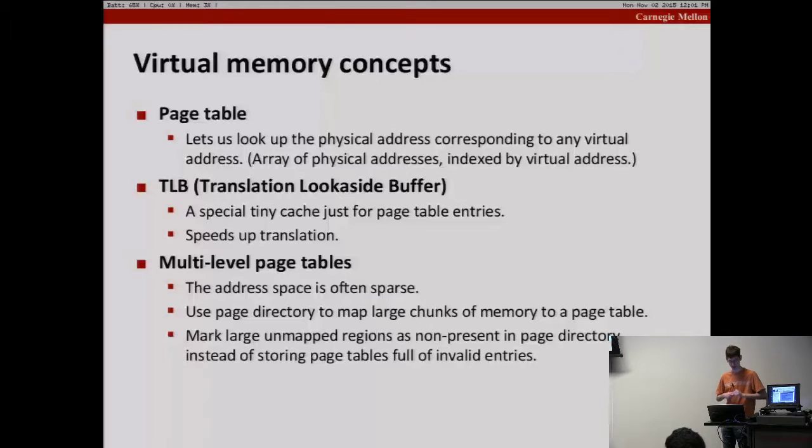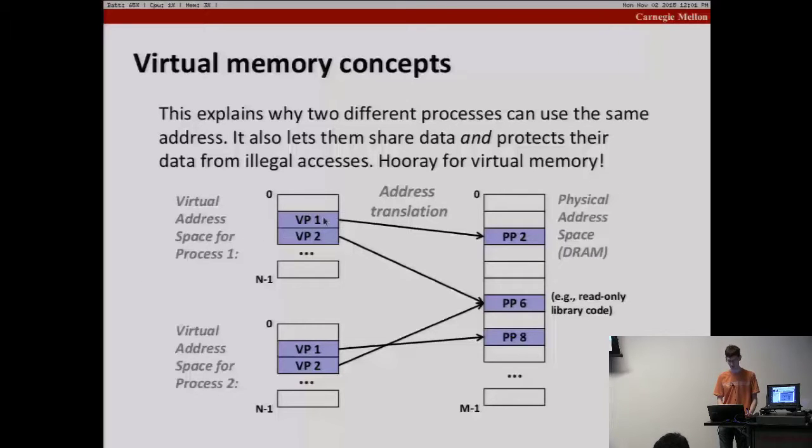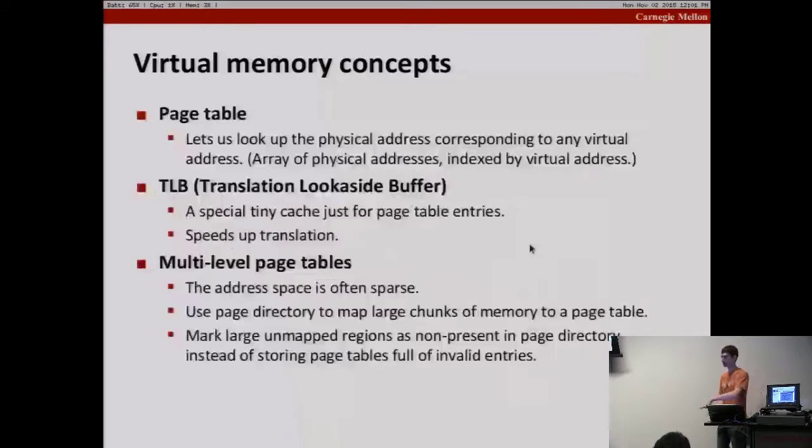And of course, we can sort of take this idea and just iterate it a bit. And instead of just having one translation from virtual to physical, we can put several layers, and each layer does a little bit more, and then you get a hierarchy where you can chunk it up and say all of these things are unmapped, and then you don't have to put them in your page table.